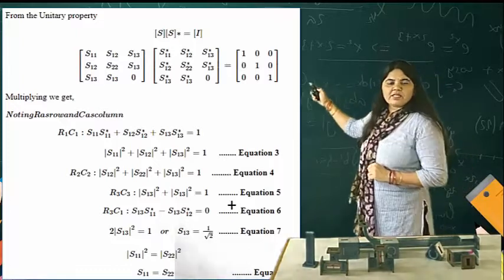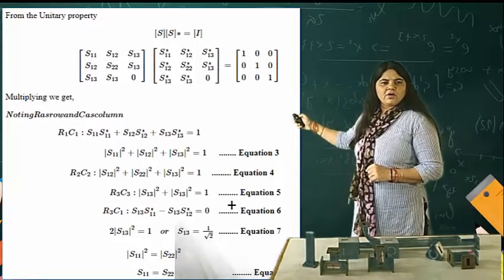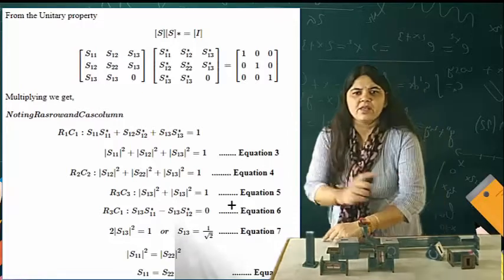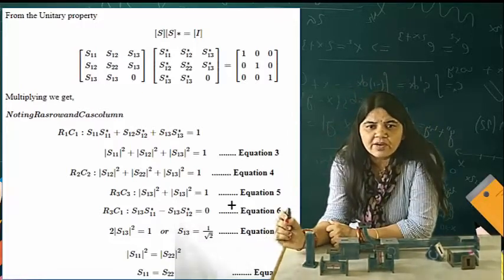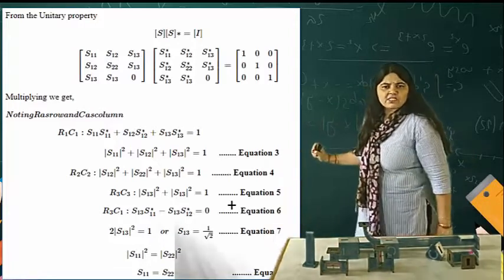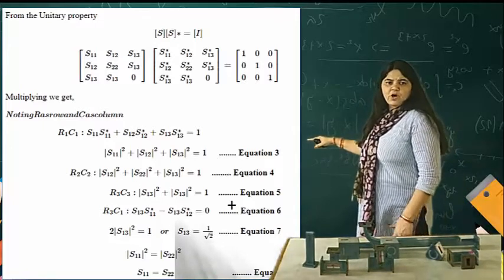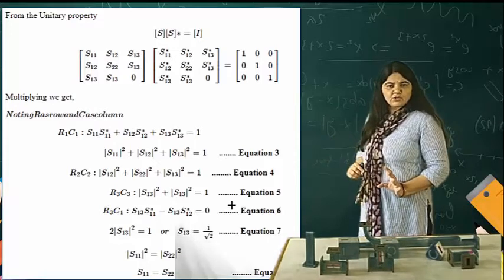Now here you can see, using the equation, what happened? Row 1, column 1: S11 into S11 complex conjugate, S12 into S12 complex conjugate, and S13 into S13 complex conjugate is equal to 1.